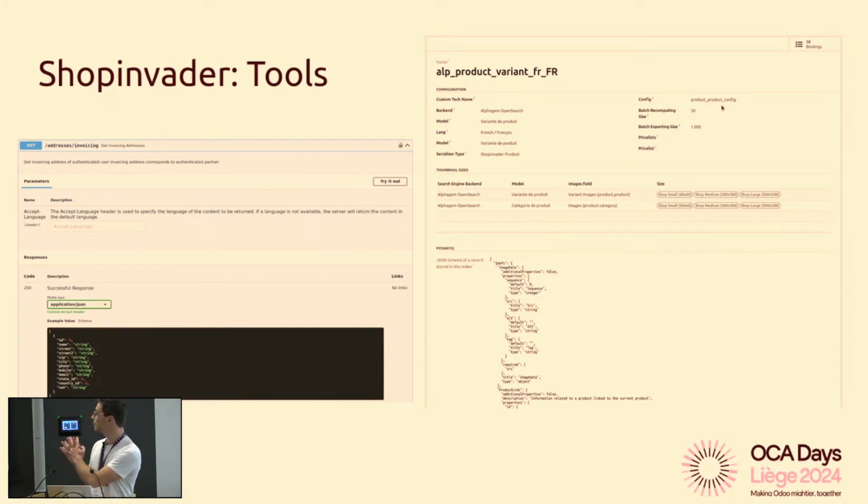And on the right side, you see also that in Odoo, on the index record, we store the definition of the index that is for the bindings that are exported to the search engine. And so you can see all you can expect from those bindings in your search engine.